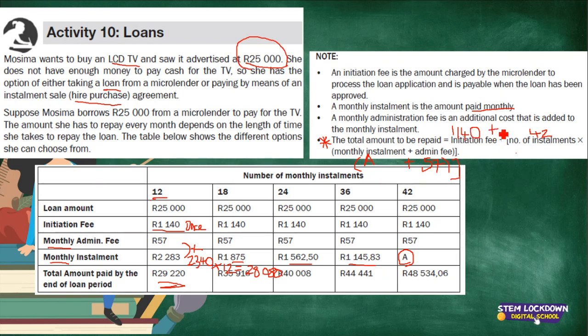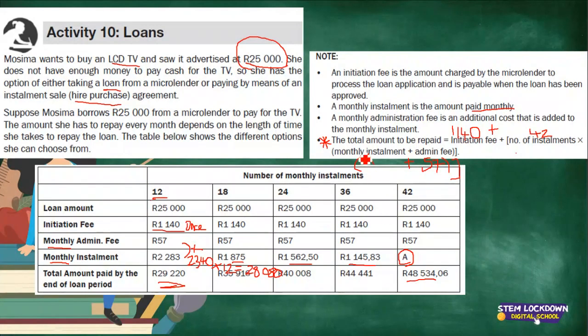Lastly, total amount to be repaid. How much is that? It must be in the same column as A. If you go across, you can see the total amount paid is this figure here.